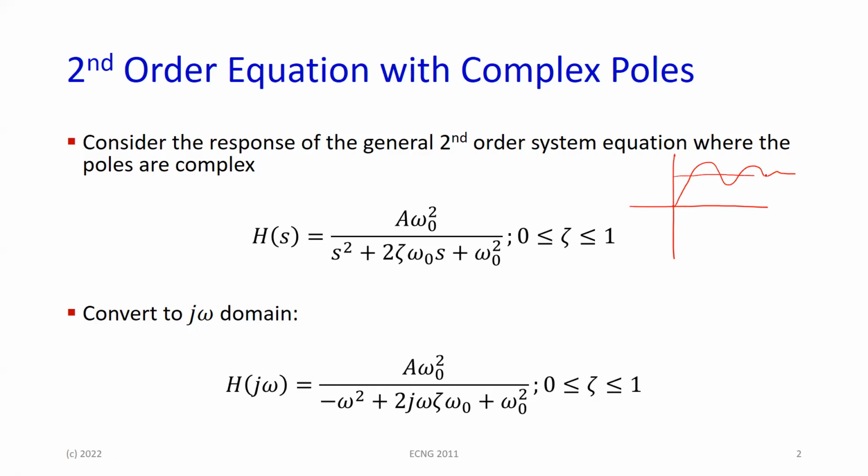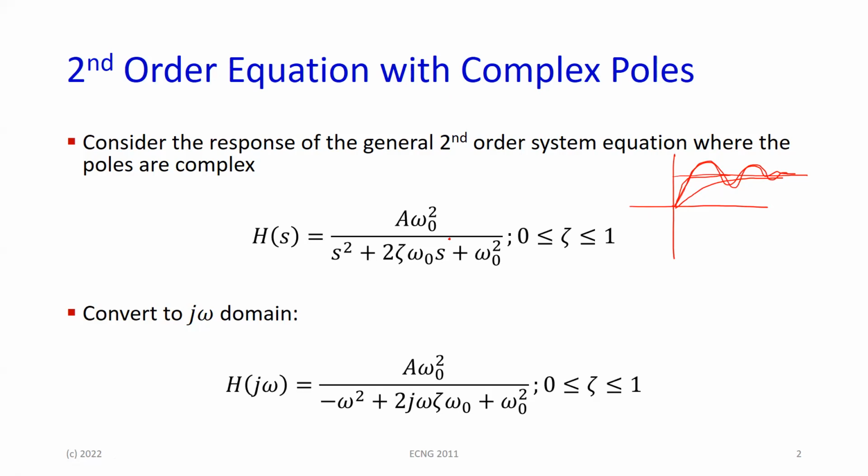That when you put a step on the system, this is in the time domain, instead of doing this, which is what you normally would expect, or something like this, which is a first order response, the second order systems had a tendency to oscillate, right?